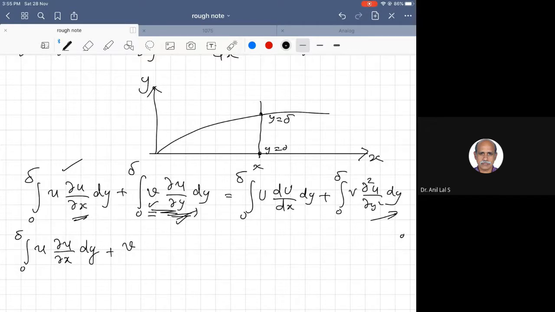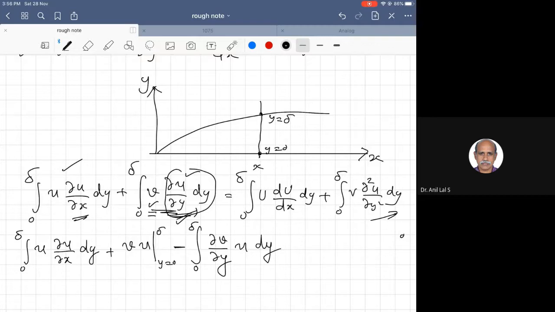So v into the integral of the second, dou u by dou y dy, and this differentiation and integration cancel, so it comes to u, applying the limit y is equal to 0 to delta, minus the integral from 0 to delta of the differential of the first, dou v by dou y, differentiation with respect to y, and the integral of the second, that is u. So integration by parts gives that.